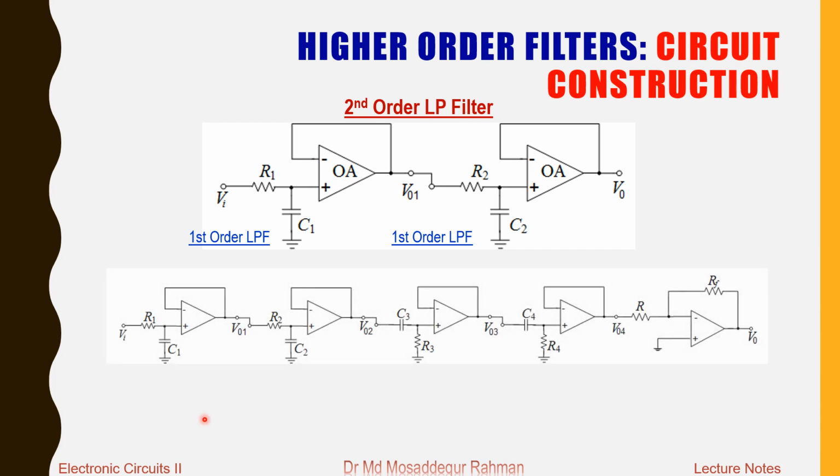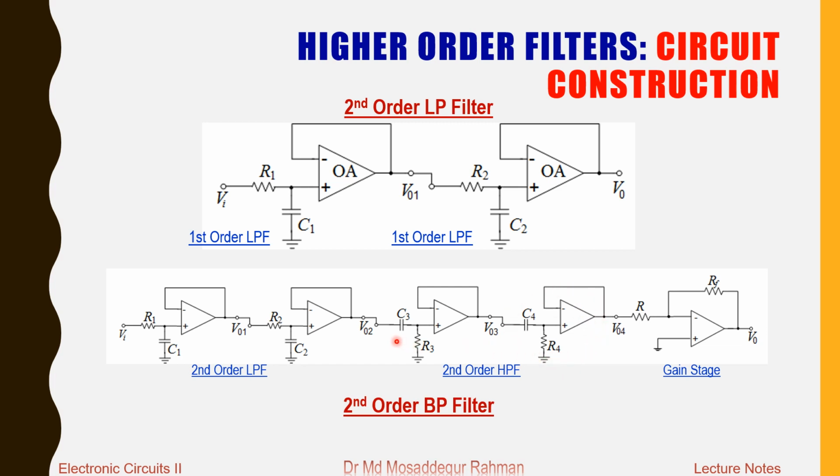Now in the circuit below, you see that there are many op amps, many filter circuits. The first two are first order low pass filters that give us a second order low pass filter. Then this one is a first order high pass filter, and that is joined with another first order high pass filter.